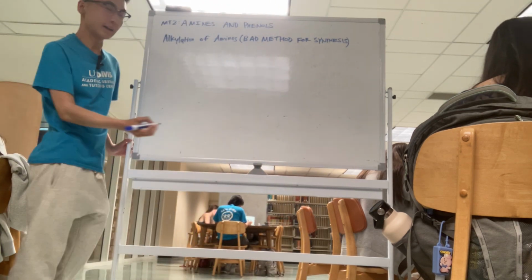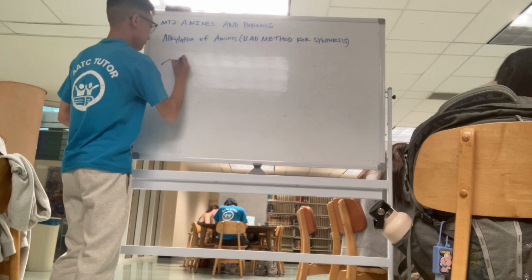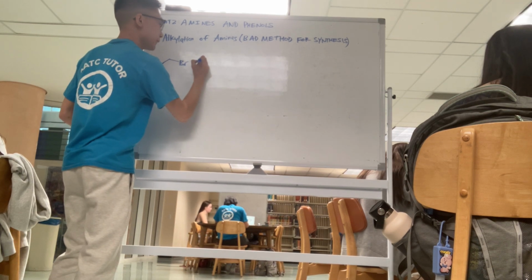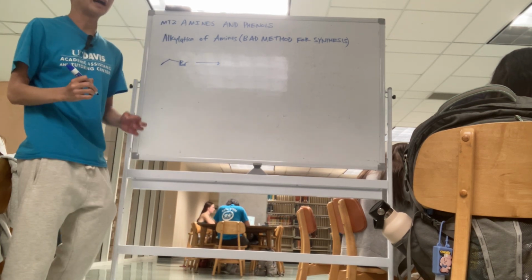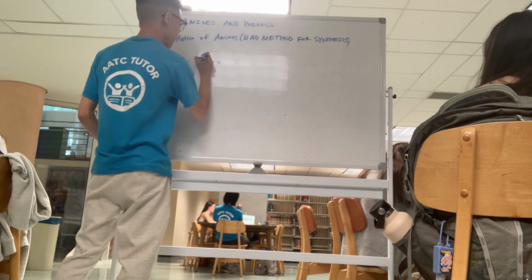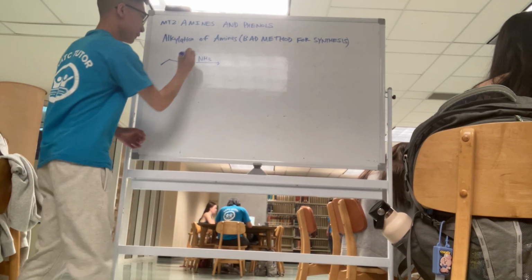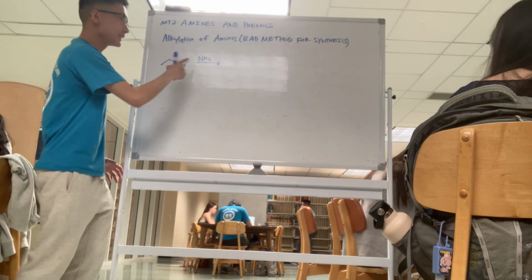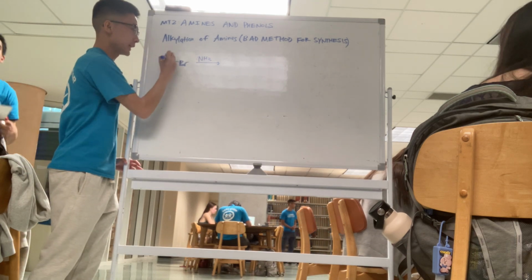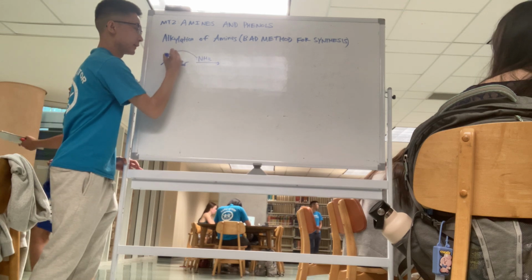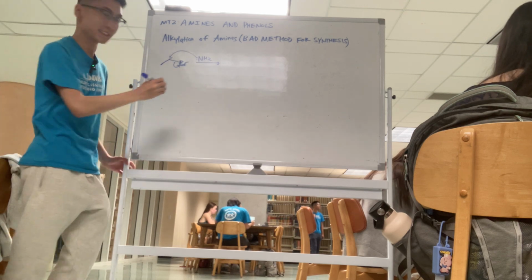Because let's say we have this haloalkane right here, and we try to alkylate it by using NH3, right? This ammonia here will be the nucleophile that's going to attack this electrophilic carbon here and kick out the leaving group, SN2 reaction, right?